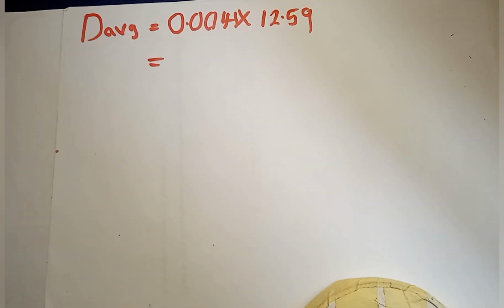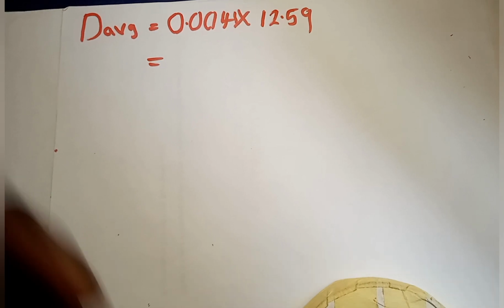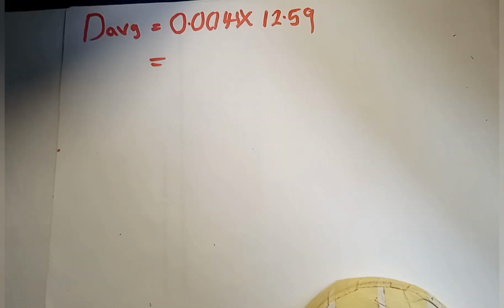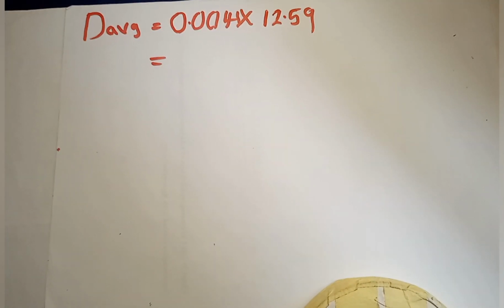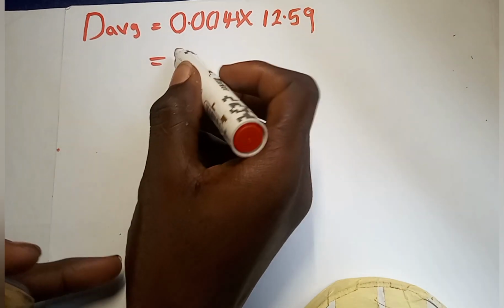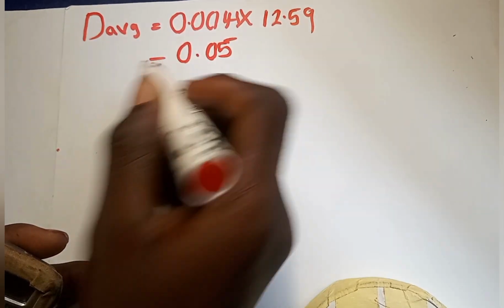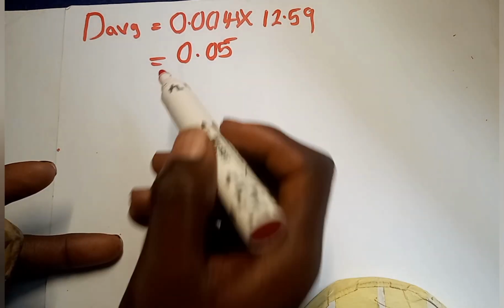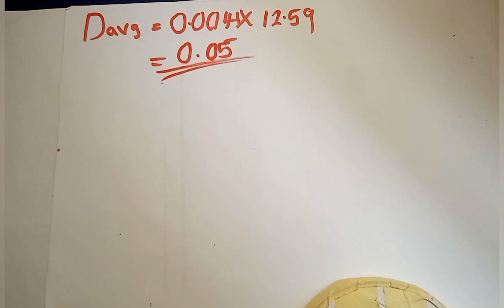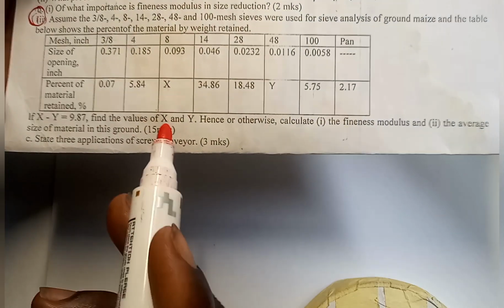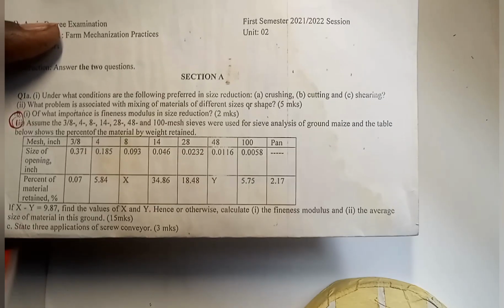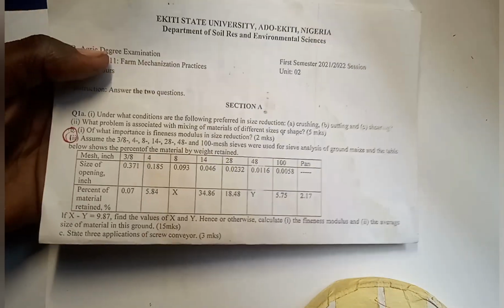If you punch your calculator, you are going to get 0.05. So that is the average size of the grant materials used. I think that's the question that I'm solving. And if you look at the question, it carries 15 marks. So if you are able to solve this question in the exam hall, you have already had your 15 marks.